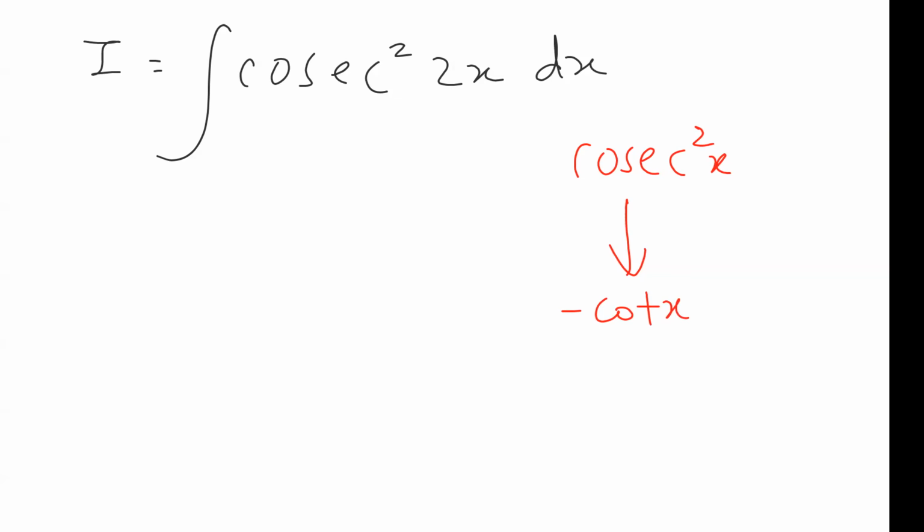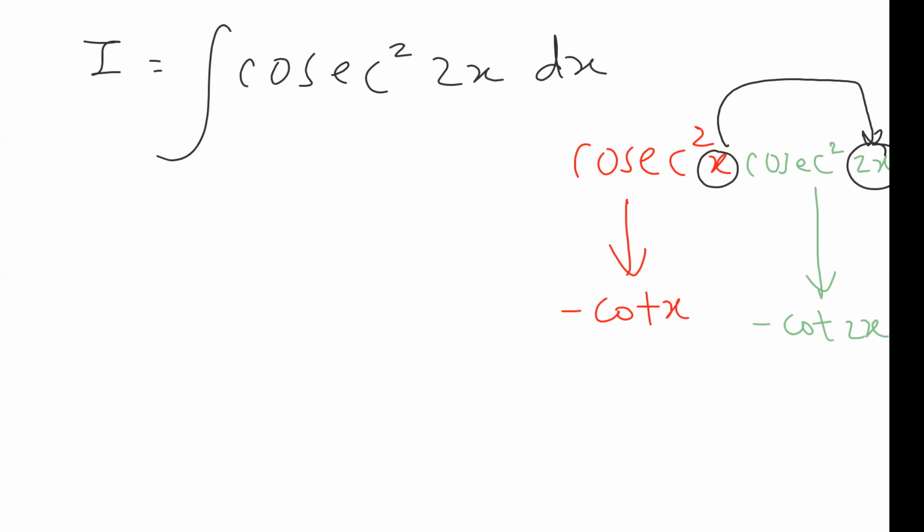So the integration of cosec square 2x will be minus cot 2x. X is getting replaced with 2x. Now 2x is a linear algebraic term, so yes, we can proceed with the chain rule.